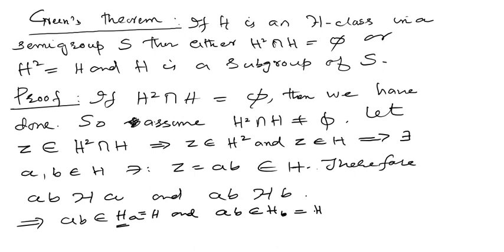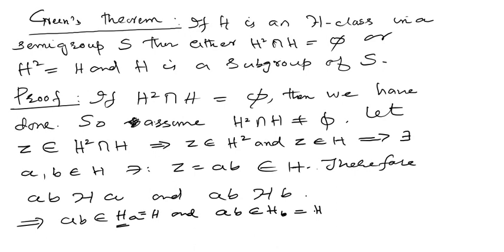So AB is in HA, AB is in HB. Now we can apply the previous lemma. By the above lemma, this rho B is a bijection of HA onto itself, and here this AB belongs to HB. So lambda A is a left translation, here it's HA, and here it's HB, which is a right translation.